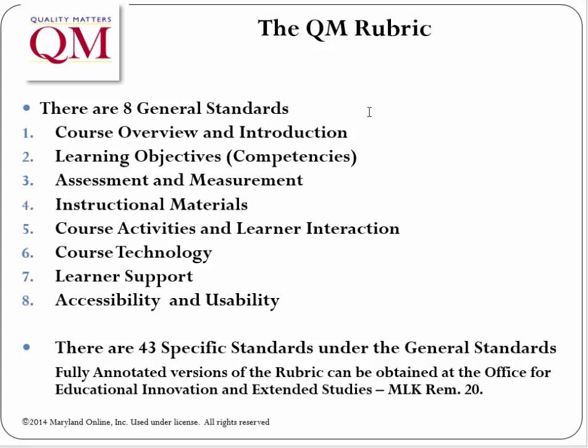And then in the last lecture, we went over learning objectives and competencies and the 5 specific standards. Today we're going to go over General Standard 3, Assessment and Measurement, which has 5 specific standards. And then we're going to go over General Standard 4, Instructional Materials, which has 6 specific standards.